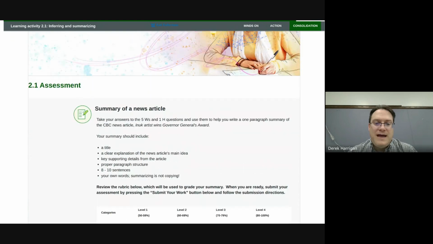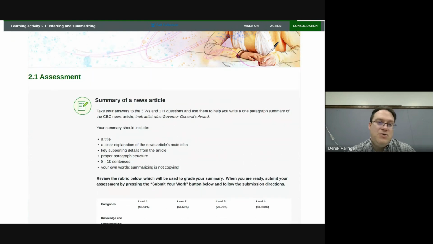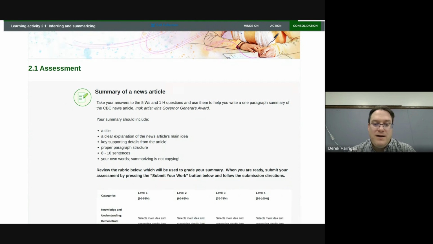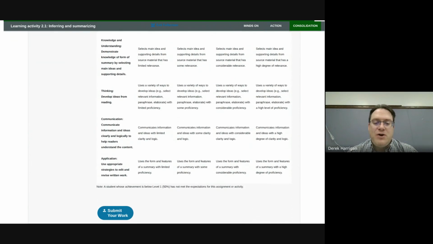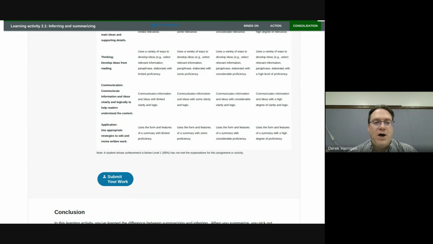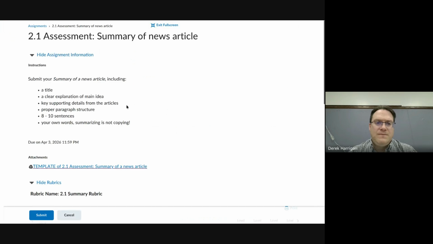Okay, so that's the goal of Unit 2, Activity 1. For this one, I didn't provide you with a template. So what you'd have to do is you'd have to open up your own Google Doc, type your summary, and then click Submit Work here. And then, oh, actually, I'm sorry. There is the template right here. So you can click this template right here.